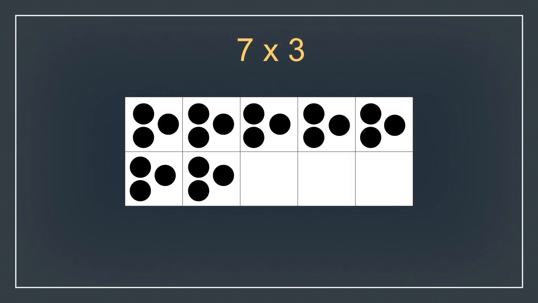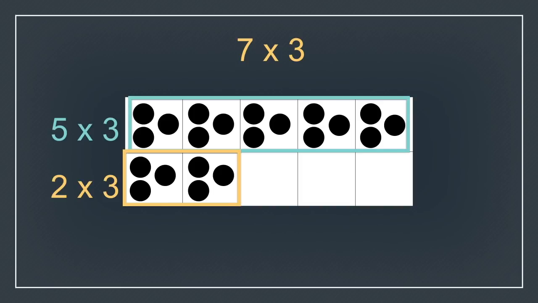Because oftentimes when we're multiplying with 7, it's helpful to think about it as 5 groups and 2 groups, because kids will get quick with their 5s and their 2s, and they can put 5 groups of 3 and 2 groups of 3 together to help us make 7 groups of 3. And this is the precursor to distributive property. Having those visuals, being able to subitize 7 times 3 is going to pay off and help kids have a visual when it comes to understanding distributive property.